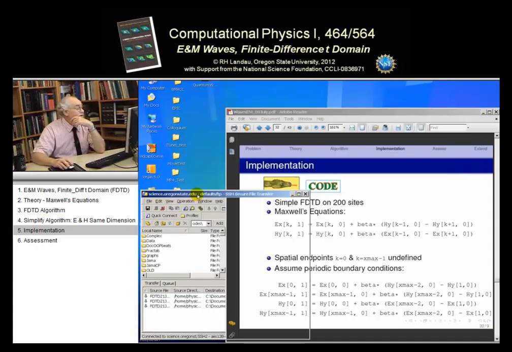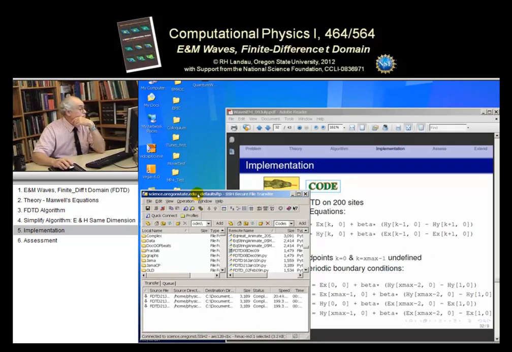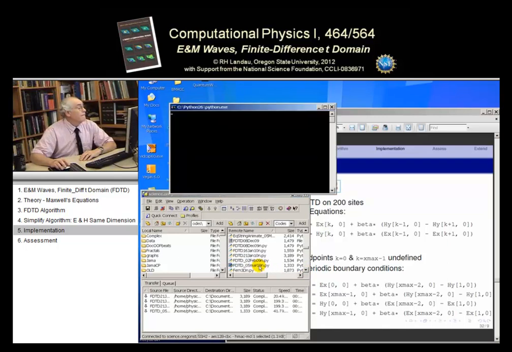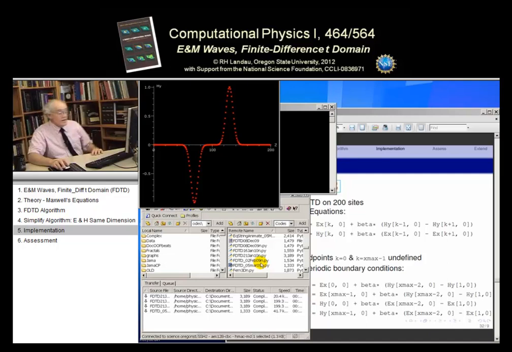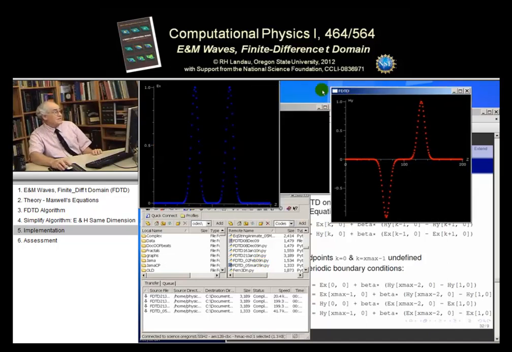So here we have one of these codes, and I think I have the code running on another machine here, which we haven't brought over. Okay, so that was our 2 pulsars running. It almost runs too fast to see.